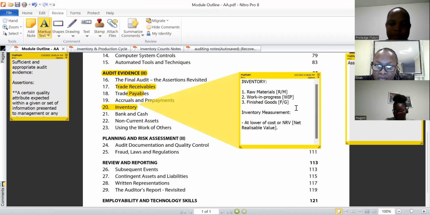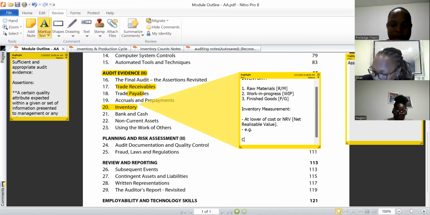So for example, just to illustrate that aspect, I'm teaching a bit of accounting there anyway, right? Let's say the cost price of inventory is, I'm going to use dollars there, $1,350 US. That is the cost price of inventory, suppose at year end, right?